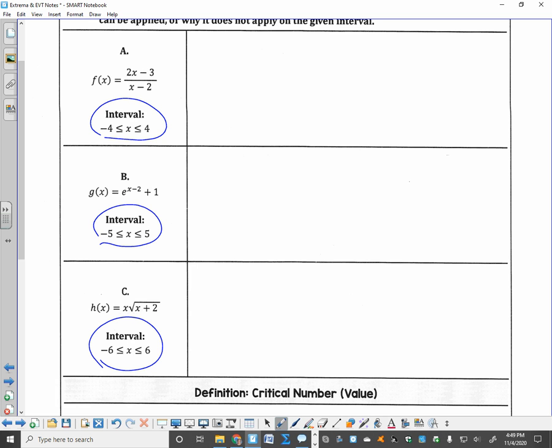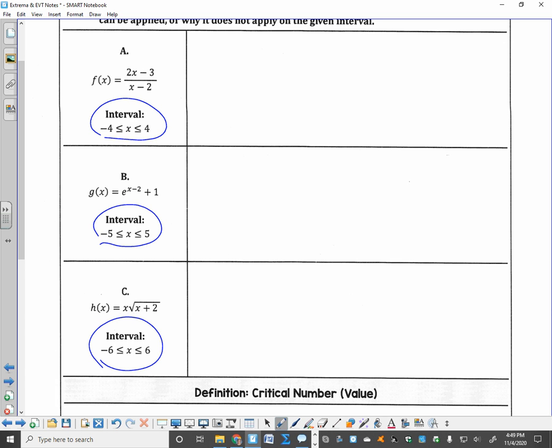Okay, so for A, the EVT does not apply for f of x on the closed interval -4 to 4, because it is not continuous at 2, which is in my interval, -4 to 4. For B, e to the x minus 2 is a very continuous function.